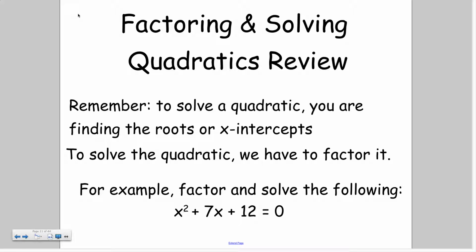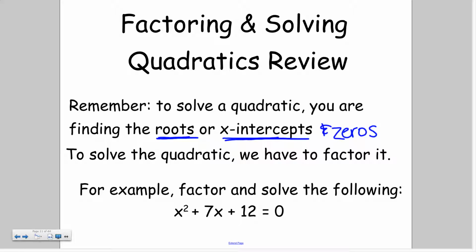So the first thing that I want you to look at, I want you to highlight or write down the words roots, x-intercept, and zeros. Those three words all mean the exact same thing.